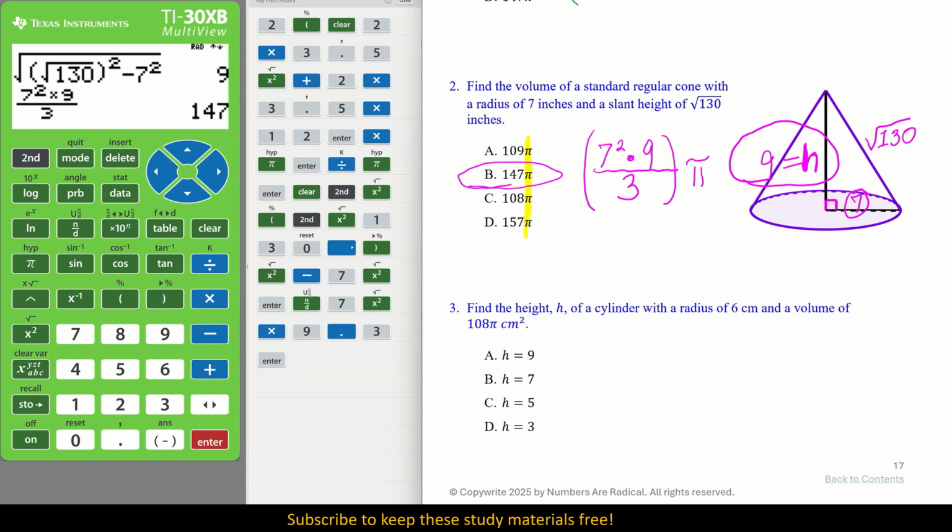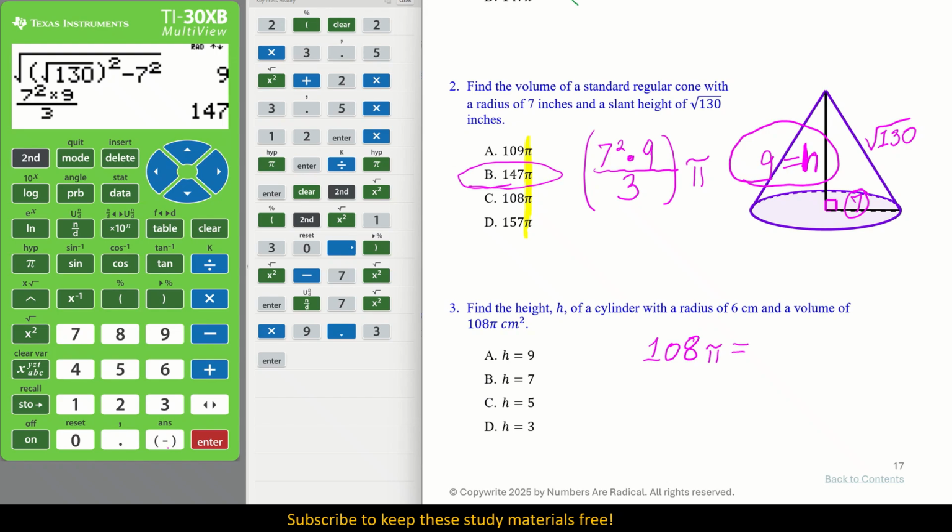Find the height h of a cylinder whose radius is 6 centimeters and a volume of 108 pi. Okay, well, let's see. What do we have to do? We know the volume is 108 pi.